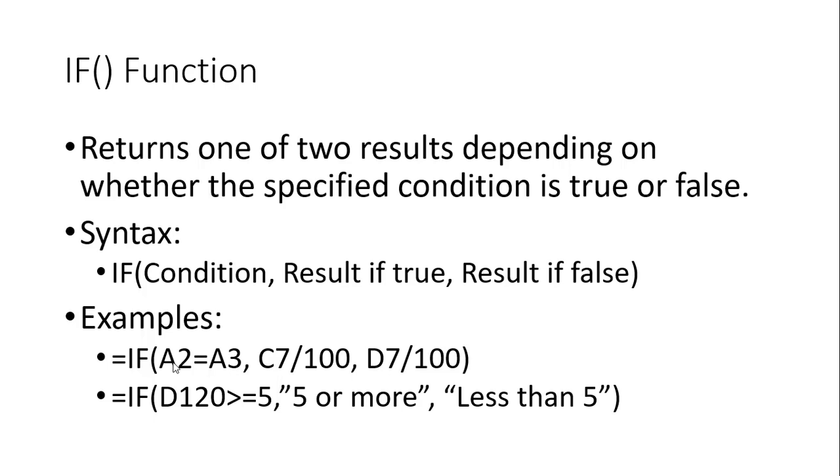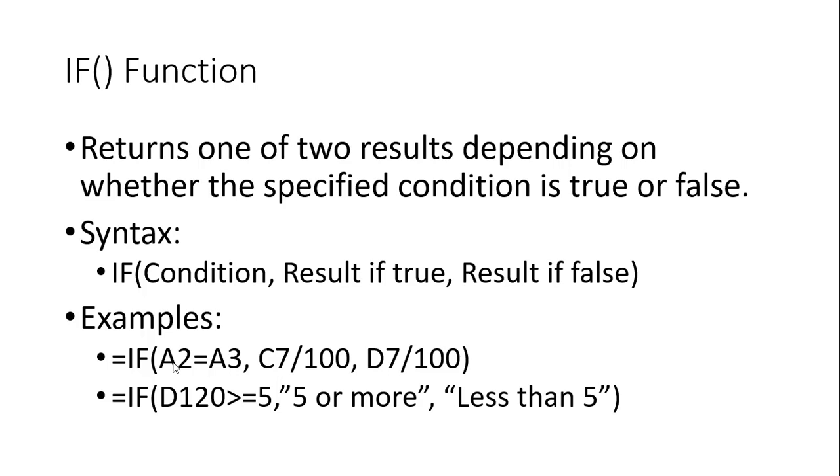So if A2 really is equal to A3, put C7 divided by 100 into the cell. Otherwise, which is the second comma, that's the else, return D7 divided by 100 to the cell.